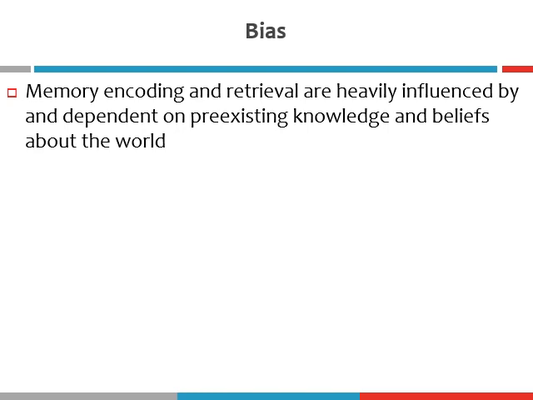Essentially what bias is referring to is the fact that anytime we retrieve something from memory, that recollection is going to be heavily influenced or dependent on our pre-existing knowledge and beliefs about the world, right?